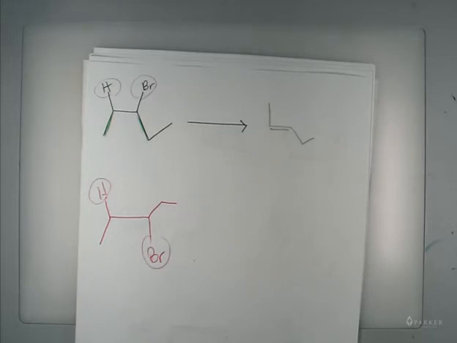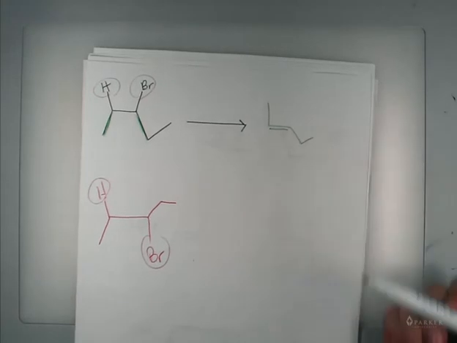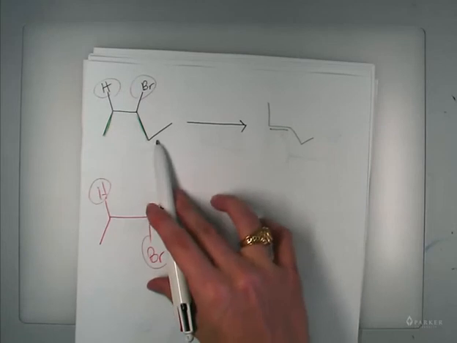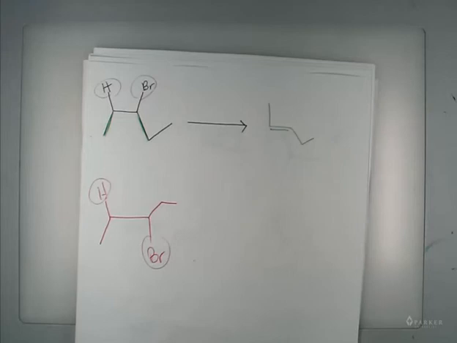Oh, your ethyl's going up and this one's going down? That's fine. Just as long as they're opposite. I just chose to flip this side instead of that side. But if you flip this side instead of that side, that's the same exact product.